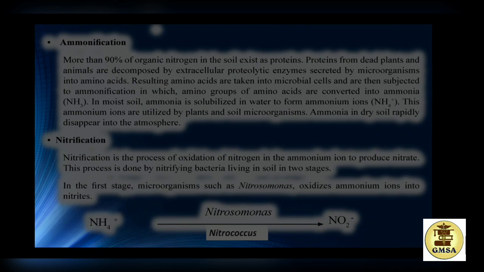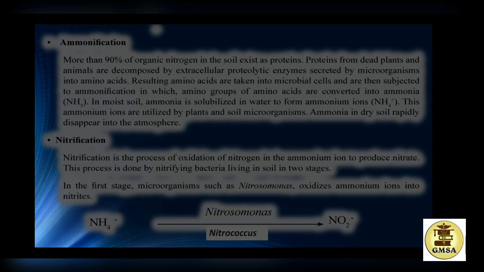These amino acids consist of an amino group, which is the NH2 group. These microorganisms carry out extracellular digestion and release these amino acids from the complex protein molecules. The resulting amino acids are taken into microbial cells and are then subjected to ammonification, in which amino groups of amino acids are converted into ammonia.